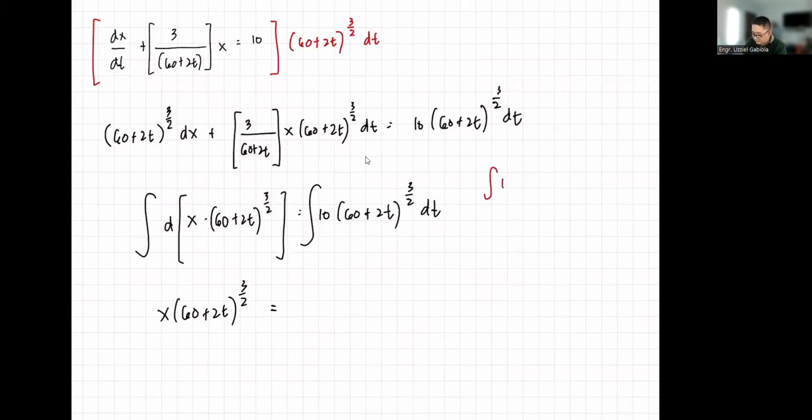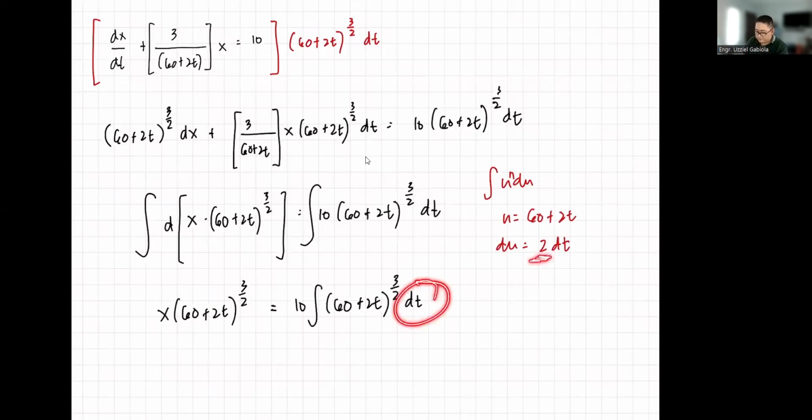Integration ng u du. So pwedeng ilabas natin yung 10, then 60 plus 2t raised to 3 halves dt. So u and du. Okay? So ang u natin is equals to 60 plus 2t. So du mo is 2 dt. Okay? So dt lang to. So kailangan mo mag-introduce ng 2.